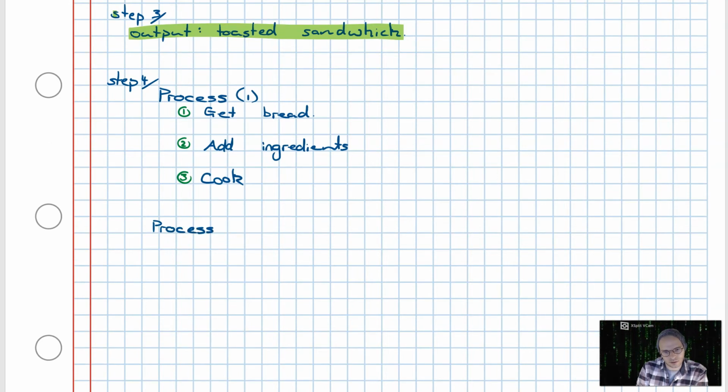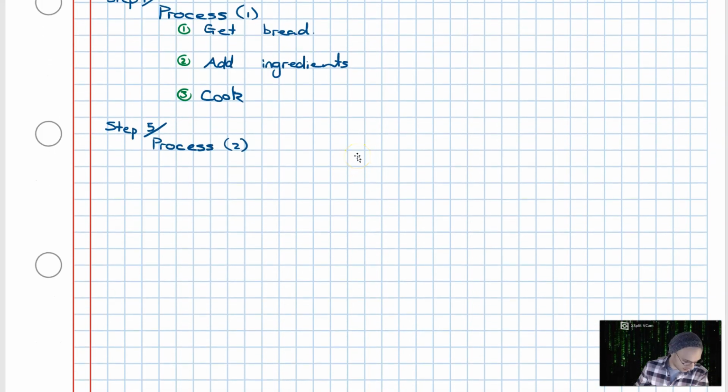process number 2, and we're in step 5 now. And the next definition I had for this particular process is I decided to break this guy over here into 2 steps. So we're going to go 1 and 2.